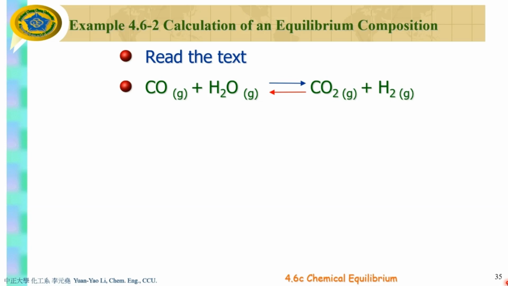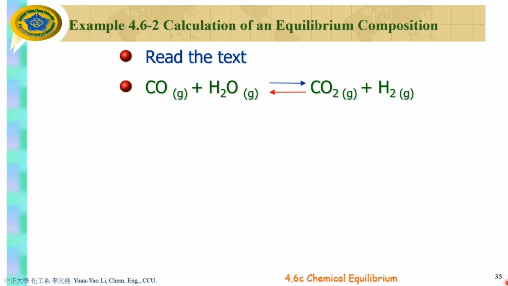So, calculation of the equilibrium composition. This is called the water gas shift reaction: CO plus H2O becomes CO2 plus H2. And we know the equilibrium constant is a function of T, using Kelvin.